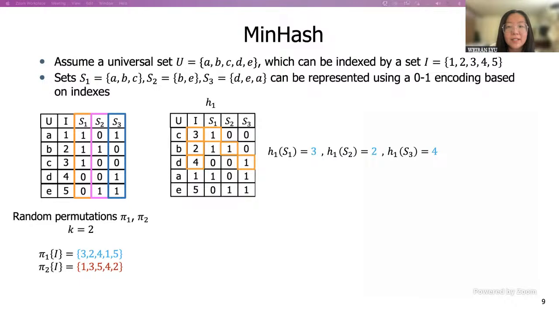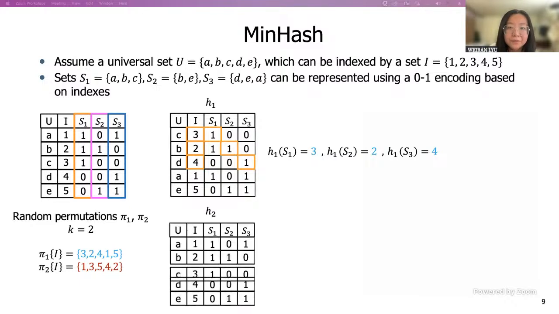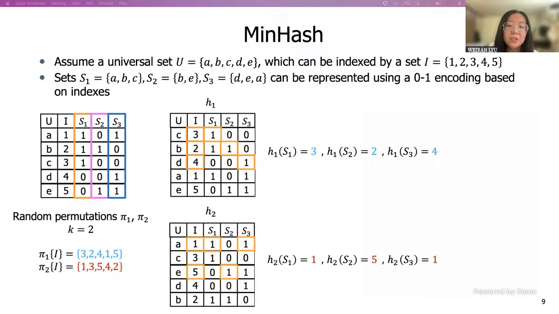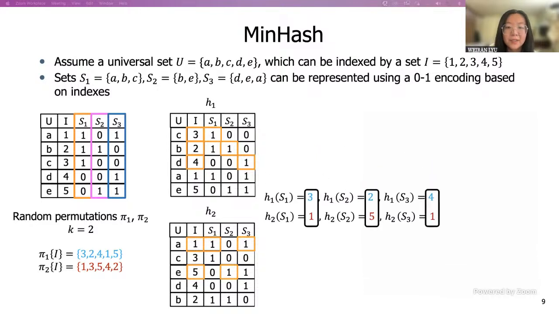And similarly for the second hash function, we again store the indexes of each set based on the second permutation. The signature matrix is formed by combining the indexes of these 2 hash functions. Each hash vector is of length 2, and finally we obtain our signature matrix for S1, S2, and S3.